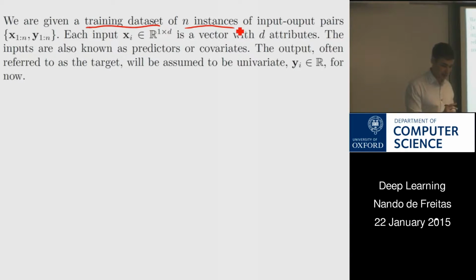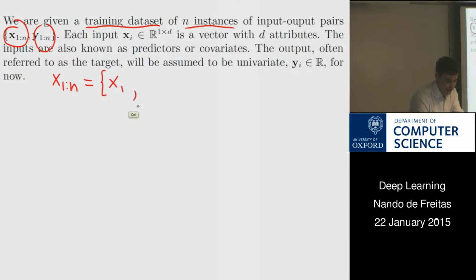The inputs will be the x's and the labels will be the outputs. Now I will use this notation where x1:n basically is a set which includes x1, x2, all the other x's up to xn.